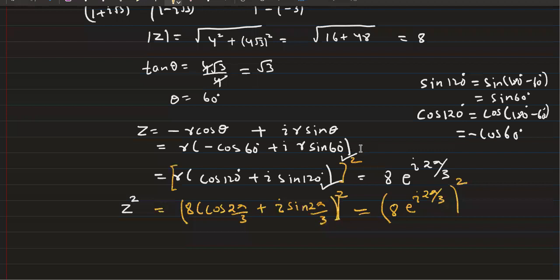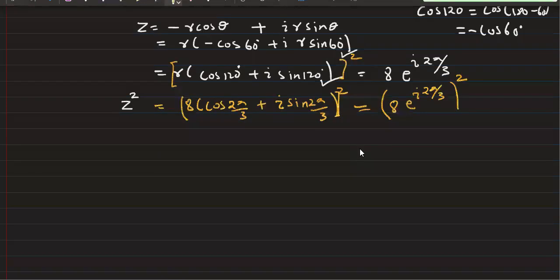If you don't understand a little, no problem, just try to understand what I'm doing. So it is like this: separate 8 square. Now it will be e to the power I into, since it is a square, 2 will multiply, so 2 into 2 pi by 3. So this can be written as 8 square is 64.